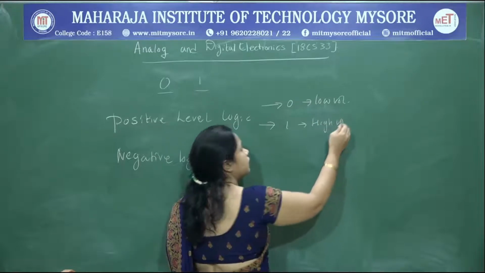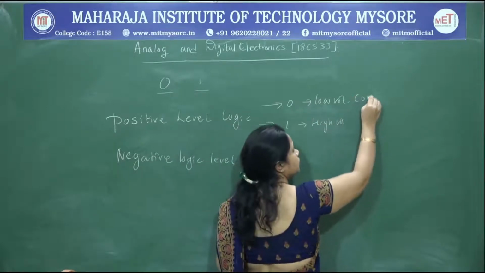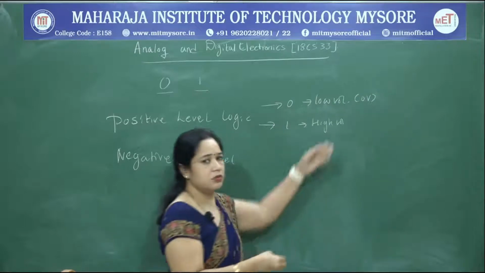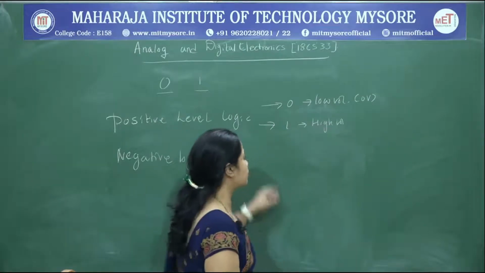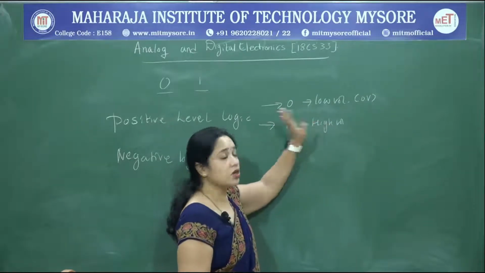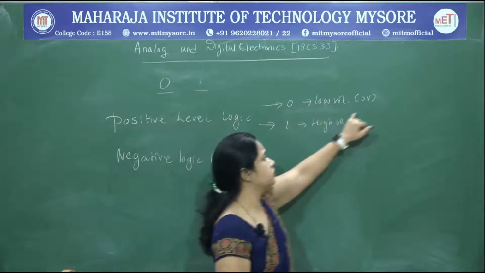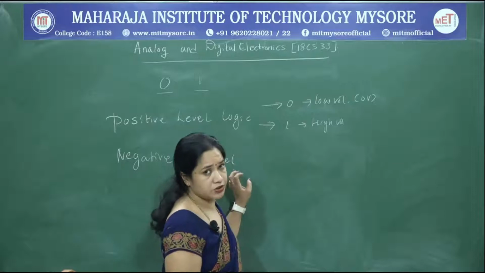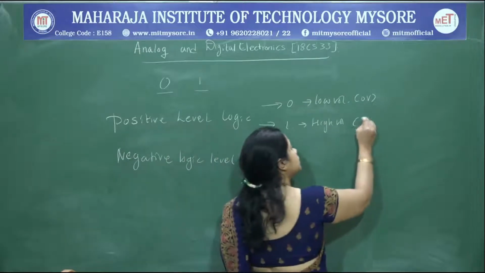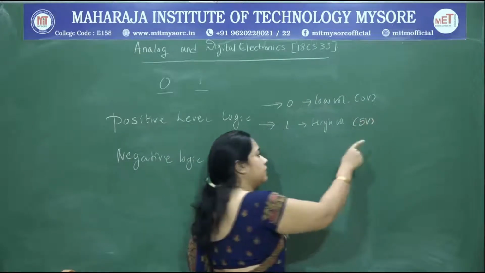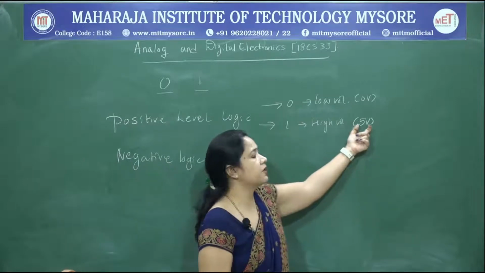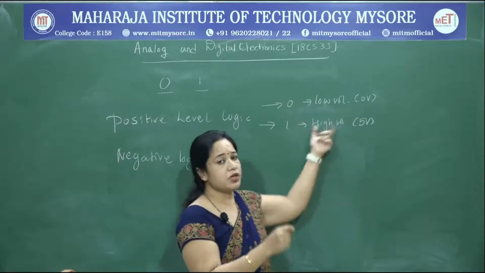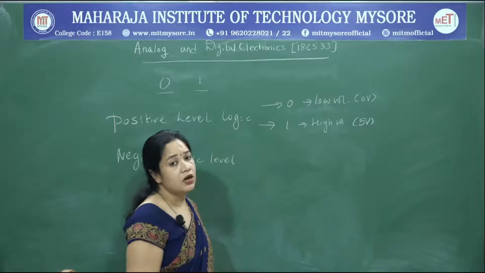By convention, we use 0 volts up to some minimal voltage to represent a 0, and ideally it is not exactly 0, up to say around 1.3 or 2 volts we use to represent a logic 0, and 5 volts is used to represent a 1, and again there is some permissible range up to which we can accept a signal as a 1.